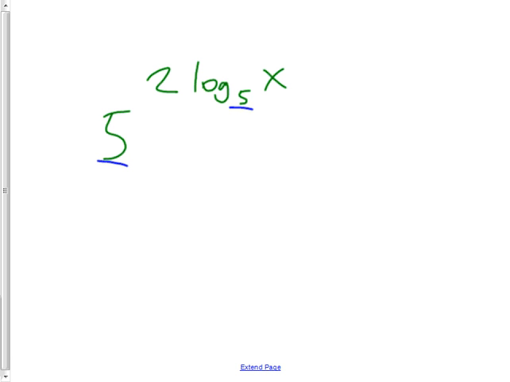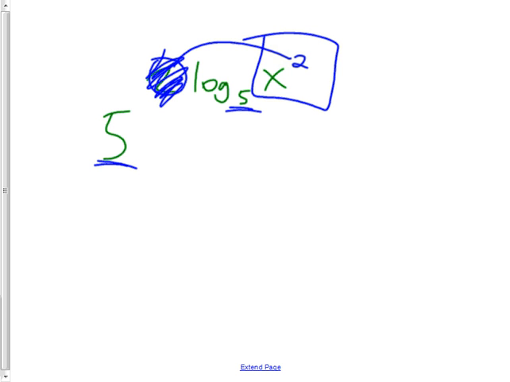It seems like we could just say the answer is this, but what's the pesky part? This 2 can go up as an exponent right there. So now that the 2 is up as an exponent, that rule does apply. If these two are the same, the answer's that. So the answer is just x squared. Raise your hand if your group had x squared for that one. Okay, good. That was the easy one.